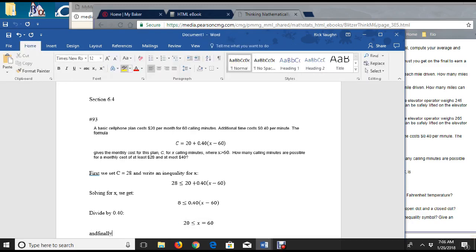And finally, add 60. When I add 60, I'm going to have 80, and then I'm going to turn this around. x is bigger than or equal to 80.